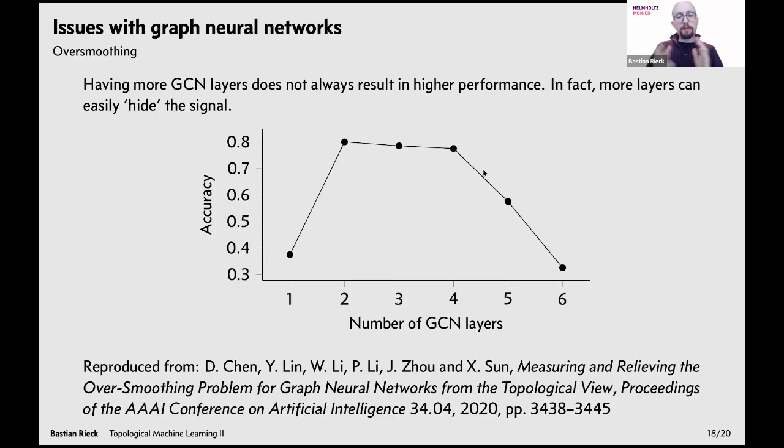Now, before we move to the second part on topology and topology-based graph learning, I do want to point out that the current graph neural networks that we have are not without their issues.